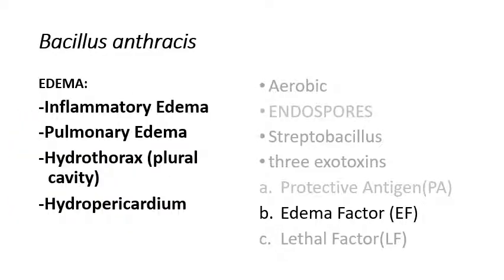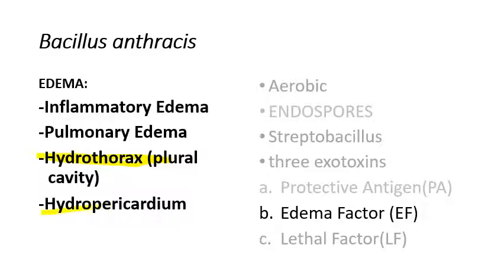So Bacillus anthracis would occasionally cause a disease called hydrothorax, which is where, if you manage to get anthrax inside the membranes that surround your lungs, those are called the pleural membranes, you could get something called hydrothorax.